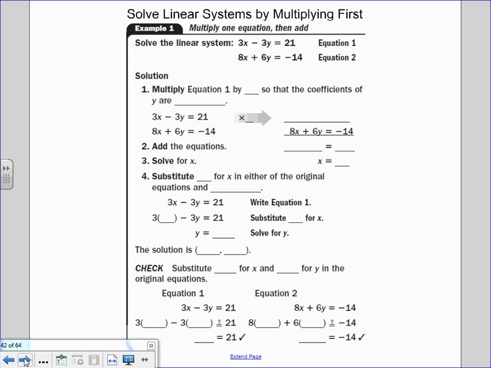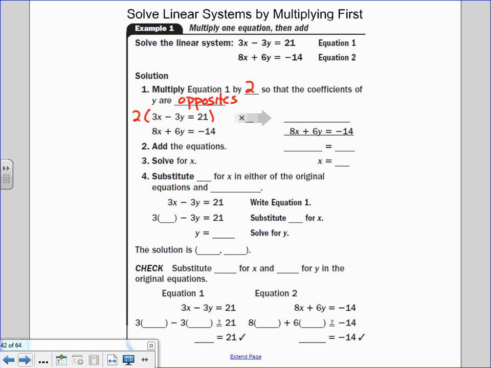But when I look at my y's, I can multiply 3 by 2 and get 6. So we're going to multiply equation 1 by 2 so that the coefficients of y are opposites. Because in the bottom equation we have positive 6y, and in the top equation, when I take 2 times -3y, I'm going to get -6y.